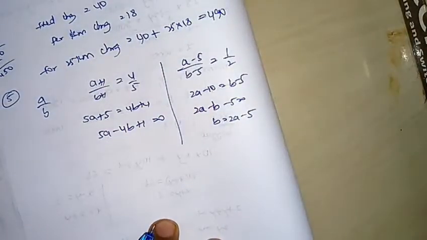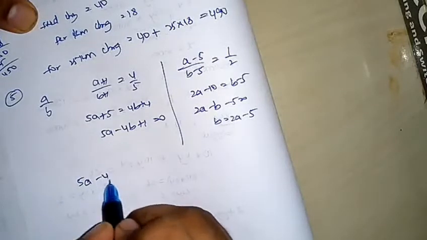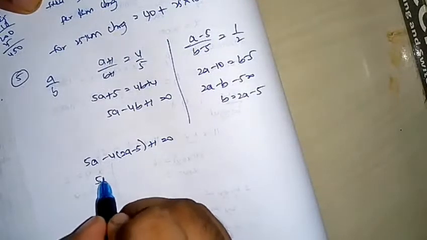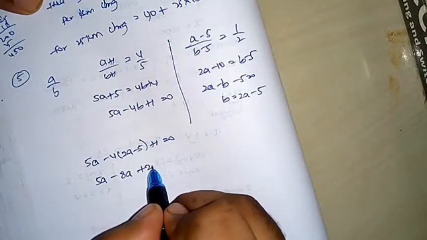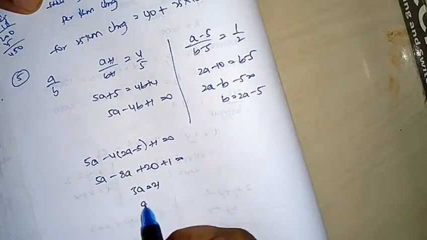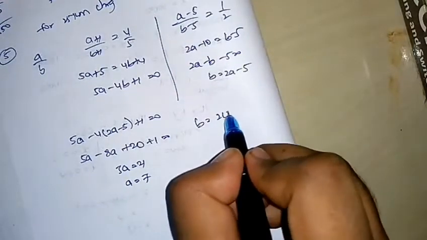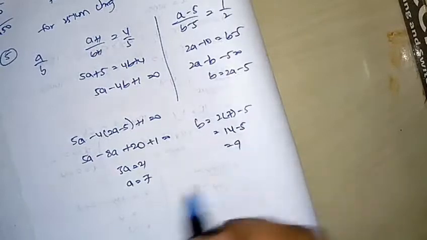Substitute this in the first equation, you get 5a minus 4 into 2a minus 5 plus 1 is equal to 0. 5a minus 8a plus 20 plus 1 is equal to 0, so 3a is equal to 21. a will be equal to 7. Now b will be equal to 2 into 7 minus 5. So 14 minus 5 is 9. So the fraction is 7 by 9.